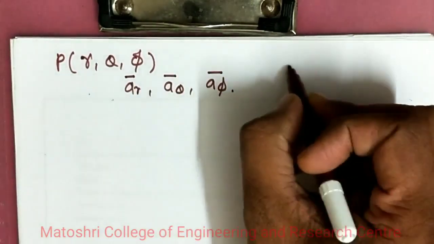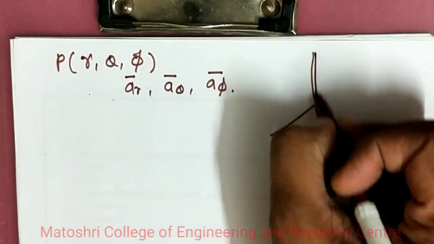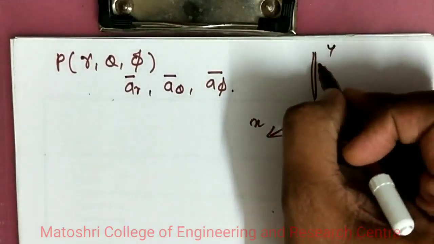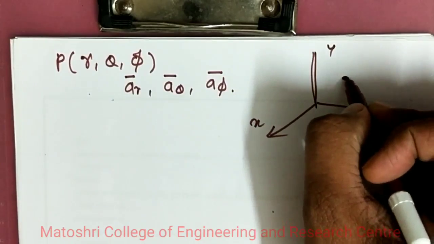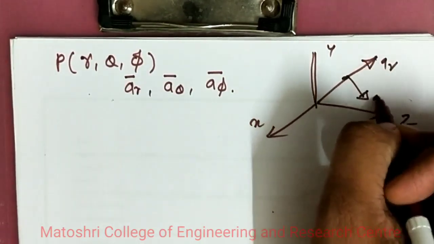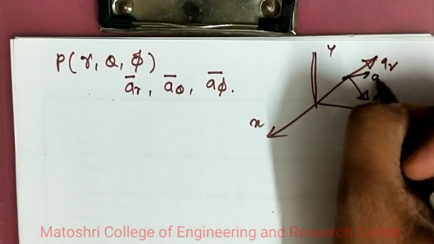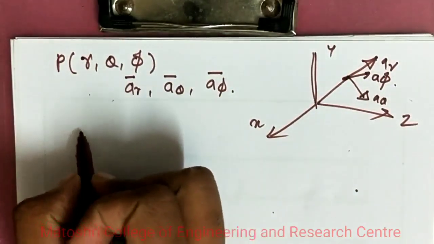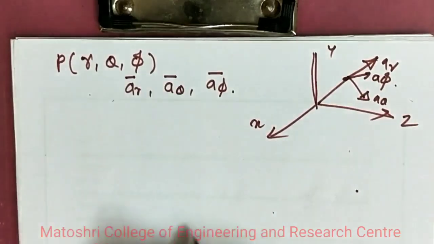That's why, from the point P, if you consider the Cartesian coordinate system x, y and z, suppose this is the location of the point P, this is the AR direction, then this one is A theta, and this is the direction of A phi. Now once the unit vectors are known in the different directions, you specify the sequence r, theta and phi.